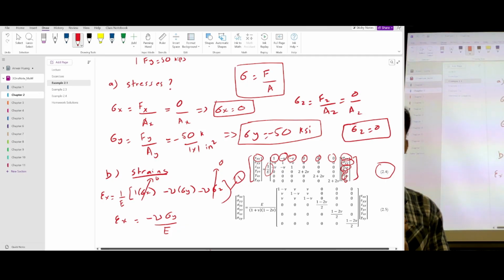So we know Poisson ratio, which is 0.33. We know modulus of elasticity for aluminium, which is 10 raised to the power 4 ksi. And we know the stress along the y direction, which is negative 50 ksi. So we can calculate the strains.